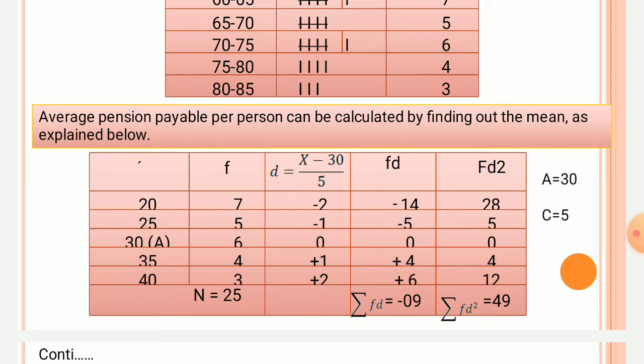So minus 14 into minus 2 is 28, minus 5 into minus 1 is 5, 0 into 0 is 0, 4 into 1 is 4, 6 into 2 is 12. Therefore the sum of fd square is equal to 49. Sigma fd is equal to minus 9 and total frequency is 25.